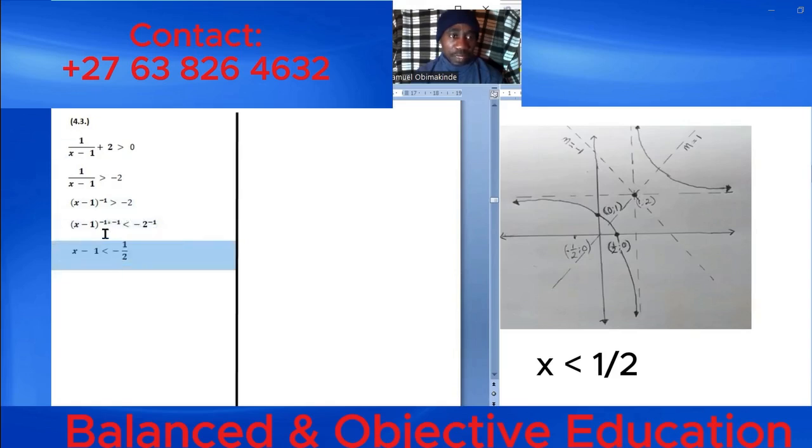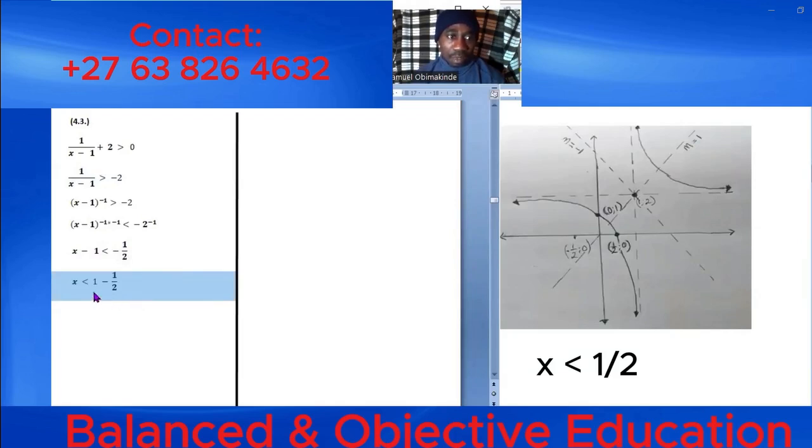Let's try to do that. So this -1 times -1 here becomes +1. So x minus 1 exponent 1 remains x minus 1. And on the other side, you have -2 exponent -1, and that will be equal to -half.